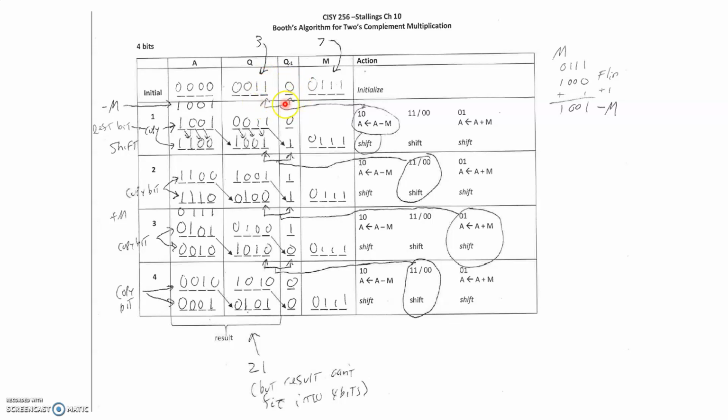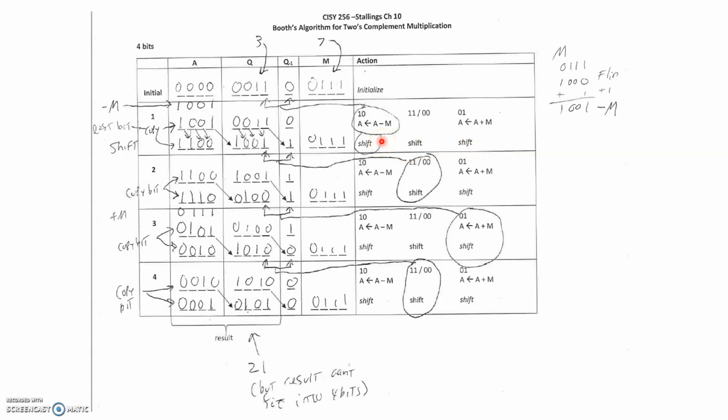Based on that pair of bits, there are 3 possibilities. One is we subtract M from A. Another is we add M to A. The other is we don't add anything. And in all 3 cases, when we're done, we do a shift.